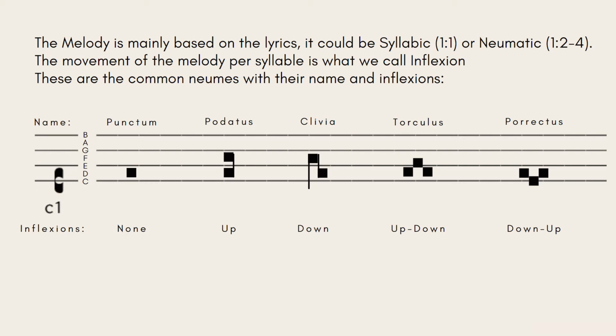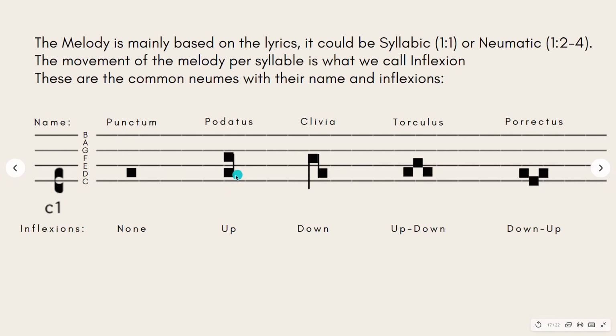Now, these are the common neume names and inflections. For example, one syllable here has one pitch. It means it's syllabic, 1:1. We call this punctum. There will be no inflection since there is no movement of the pitch, only one.